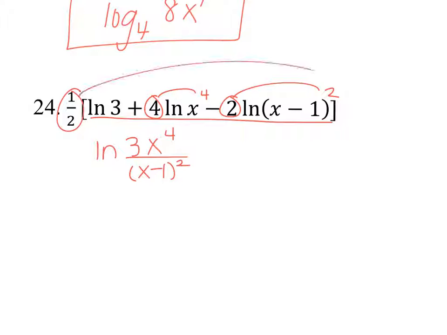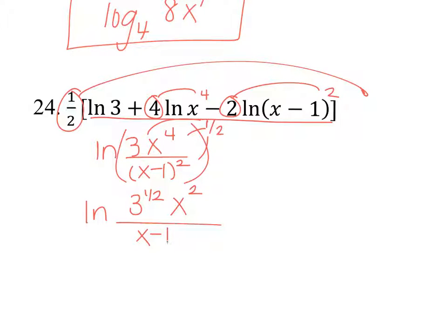This half becomes a giant exponent, which is 1/2. So now if I distribute it, I have ln 3 to the 1/2 x to the 2nd power over x minus 1 to the 1st power, which is just x minus 1. And I'm done.